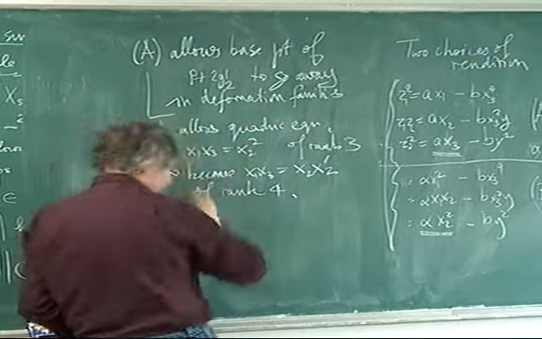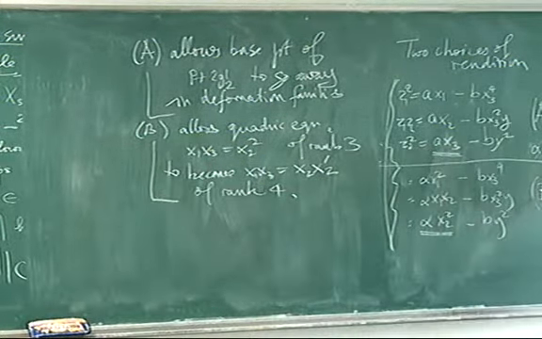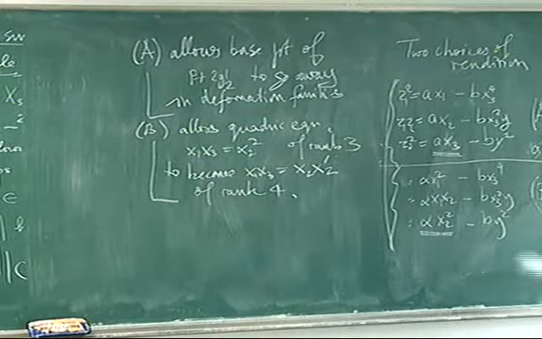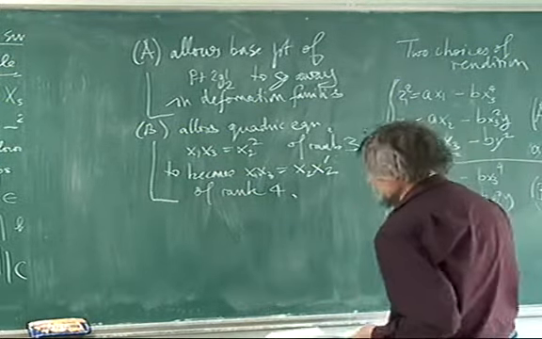Right. So this is the place where the two irreducible components of Horikawa's moduli space are changed, are separated. Okay.